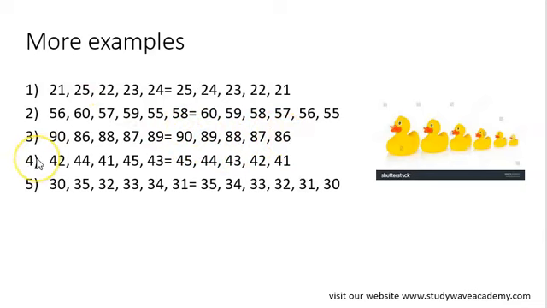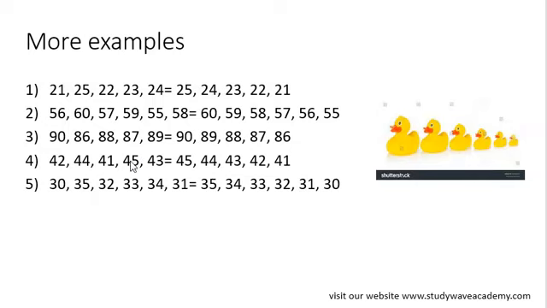We'll move to number 4. Let's go. We have 42, 44, 41, 45, and 43. What are we going to do first? We are going to identify the biggest number, and the biggest number there is number 45.